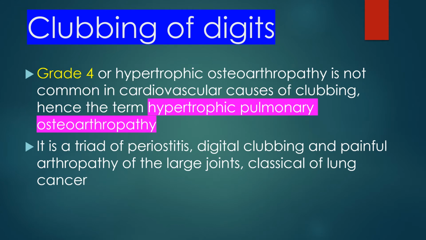Grade 4 or hypertrophic osteoarthropathy is not common in cardiovascular causes of clubbing, hence the term hypertrophic pulmonary osteoarthropathy. It is a triad of periostitis, digital clubbing, painful arthropathy of the large joints, and classical of lung cancer.